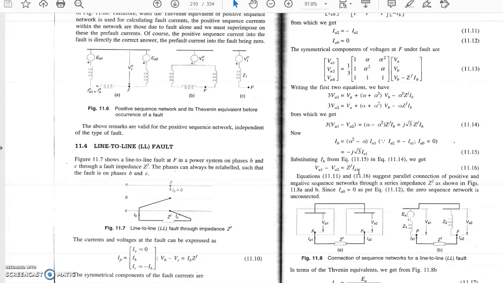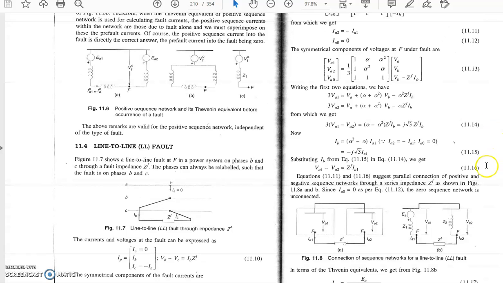So we get the two relationships between the current and voltage. First is IA2 equals minus IA1 and IA0 equals 0, and VA1 minus VA2 equals ZF into IA1. So from these equations, 11.1, 11.11, 11.12 and 11.16, we can make the symmetrical component diagram, which should satisfy these equations.